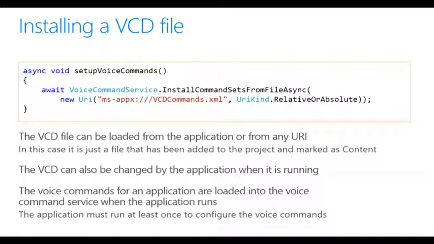And having created your VCD file, you then need to execute this command, this statement, at least once. This actually installs that into the system. And after this, the system will recognize voice commands and will launch your app.